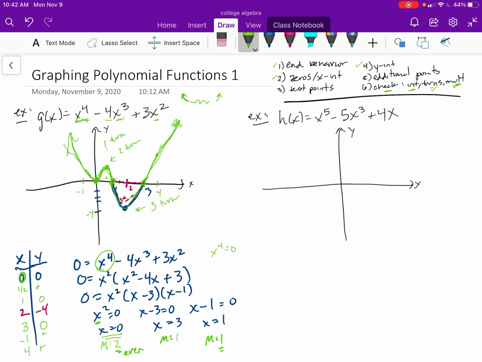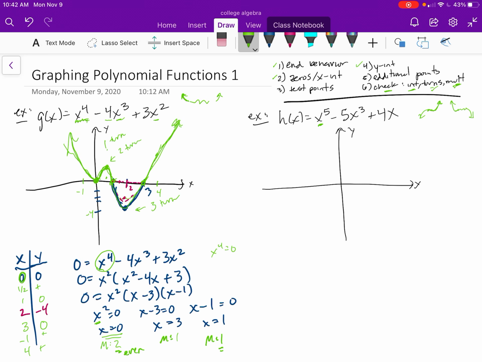All right, and x to the 5th. This is odd, right? The degree is odd, and odd polynomial functions means that either we'll start low, do some stuff in the middle, and end high. So it increases and then does some stuff and it increases more, or it decreases, does some stuff and decreases.